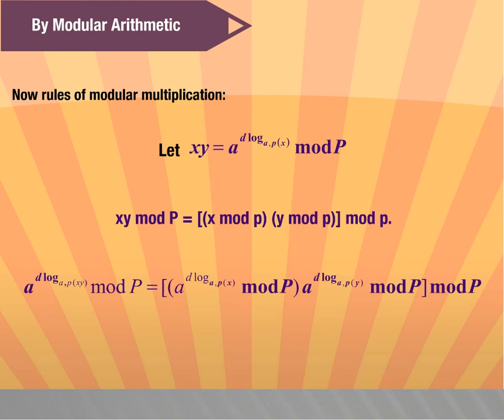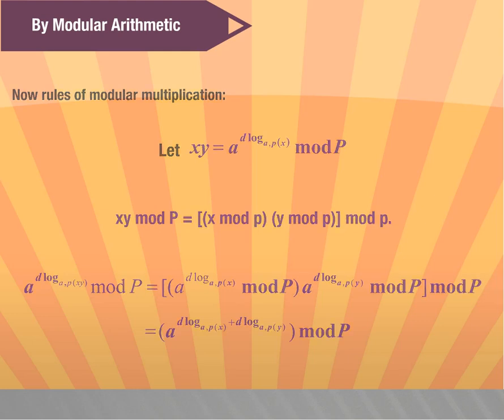So a^(dlog of xy) mod p is equal to a^(dlog of x) mod p times a^(dlog of y) mod p, mod p, which is equal to a^(dlog to the base a comma p of x plus dlog to the base a comma p of y) mod p.